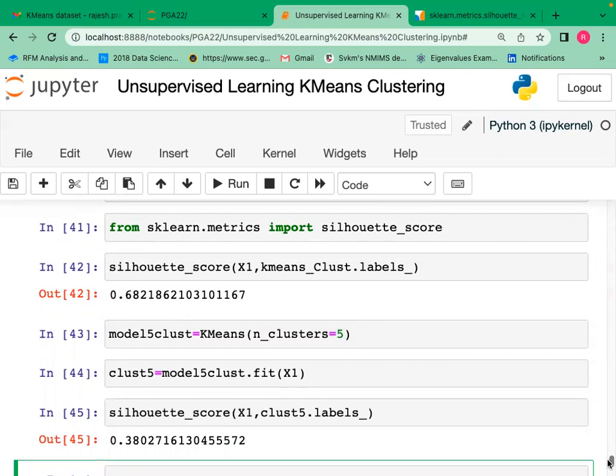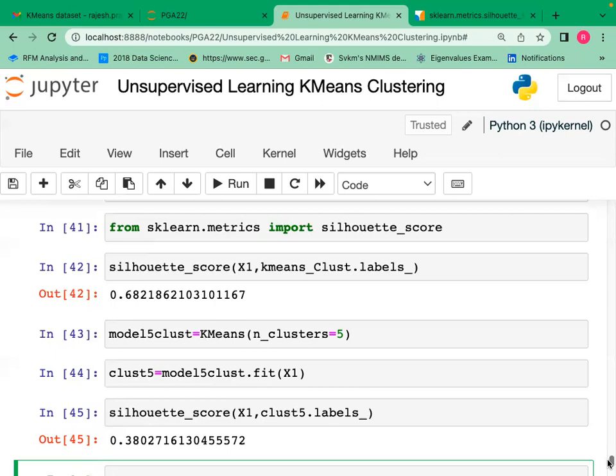So elbow method generally gives us the best possible clusters. But it is getting minimal from 5.